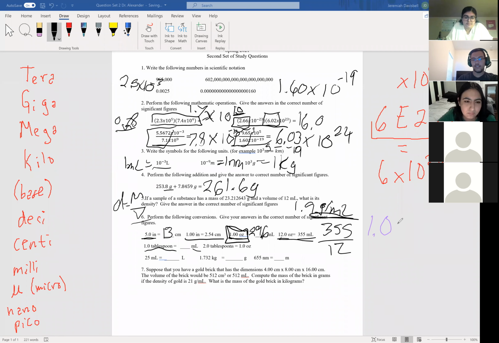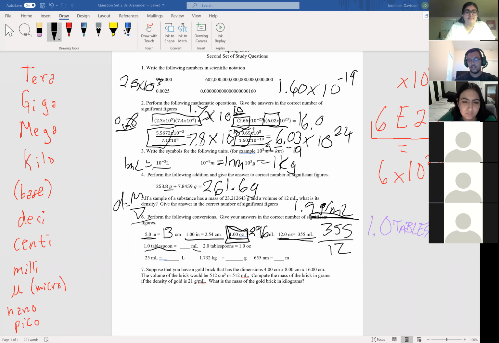That times 2, or divided by 2? You would divide by 2, right? Because for tablespoons, it's 2 tablespoons per ounce.